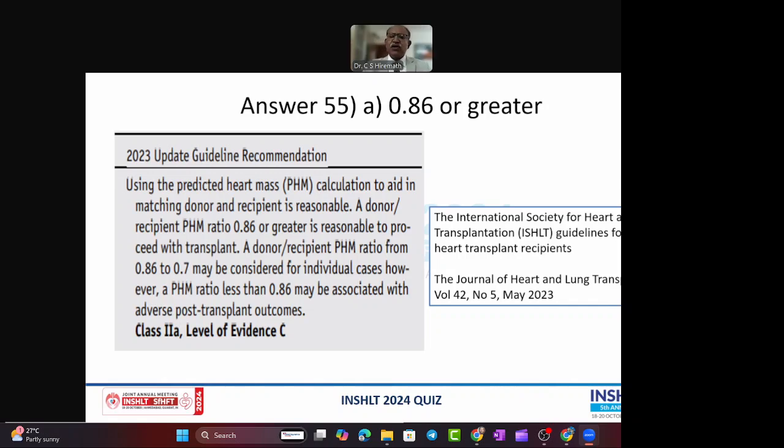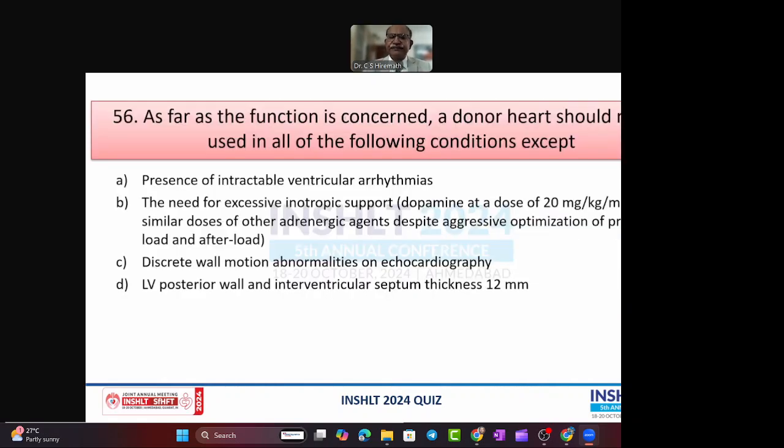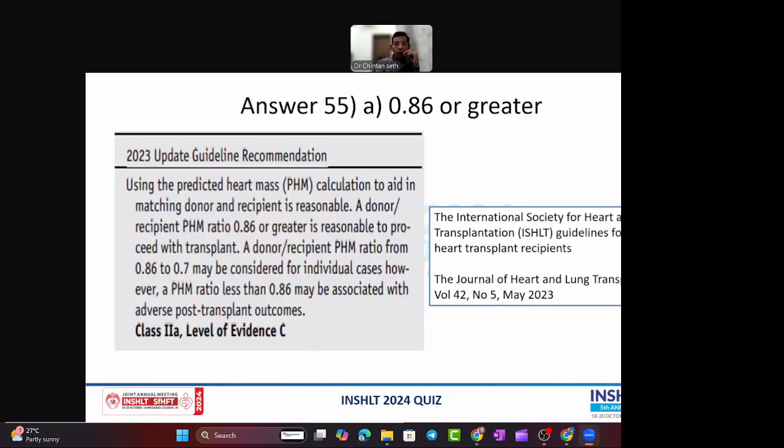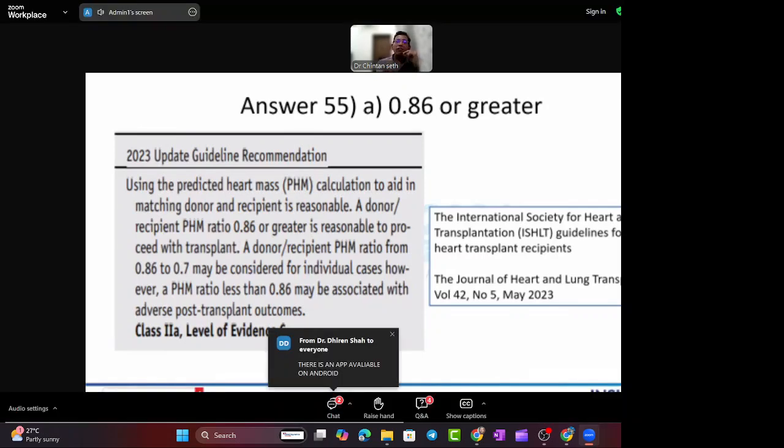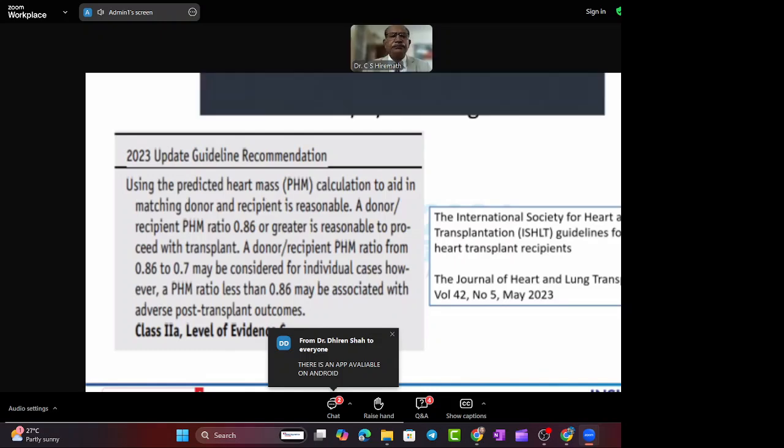That is calculated on what, sir? The ratio has been made up of what? Yeah, so there is a calculator available online, which takes many things like the height and weight of the donor, and the height and weight of the recipient. It is available online, so we just have to feed in the donor and recipient data, and it will match multiple factors and calculate the donor recipient predicted heart mass ratio.